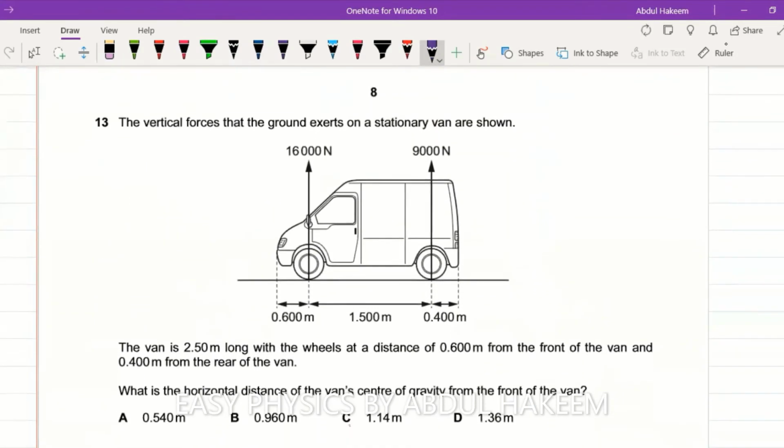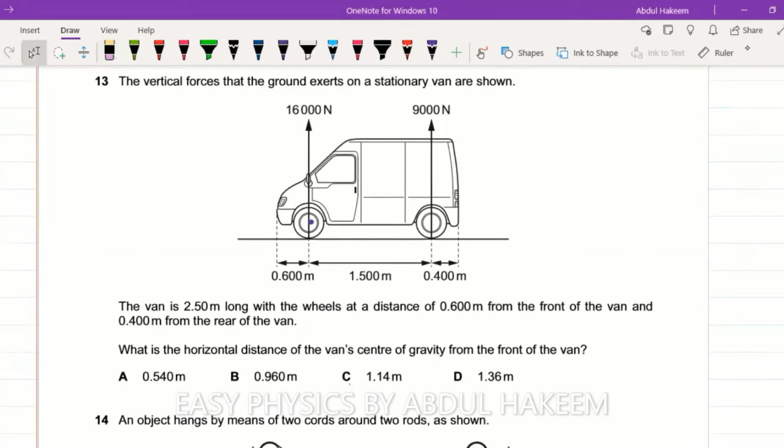Now the next. Okay, so the vertical forces that the ground exerts on the stationary van are shown. One is 16,000, the other is 9,000. It means the total weight of this vehicle acting downward is the sum of these two.